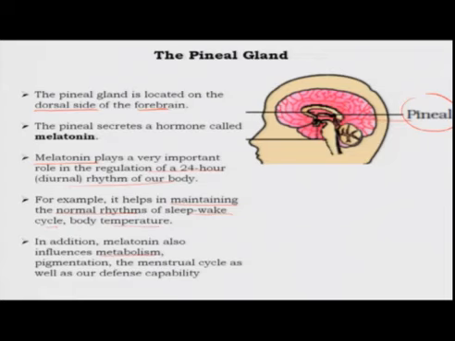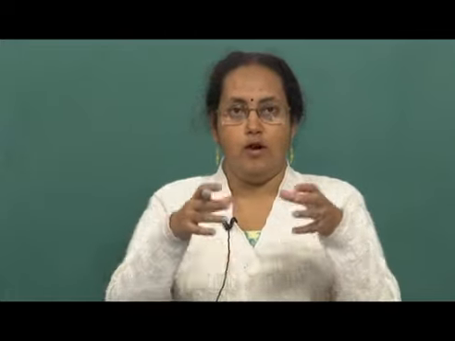Metabolism is the sum total of all the chemical activity that goes on in our cells, which results in either the production of complex compounds such as carbohydrates, proteins and lipids, or their breakdown. Both of these processes happen at the same time; one is called anabolic and the other is called catabolic, and the sum total of these two is called metabolism. It also helps in pigmentation in our body.